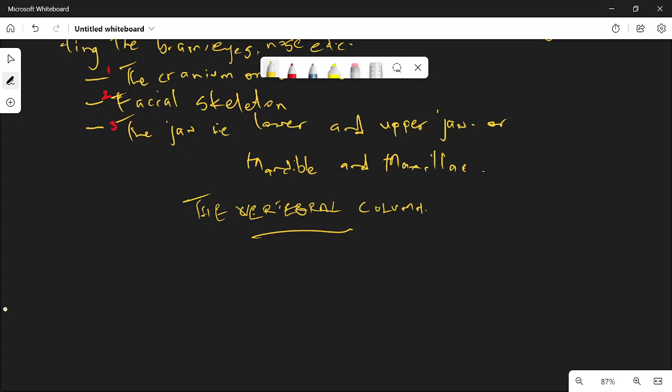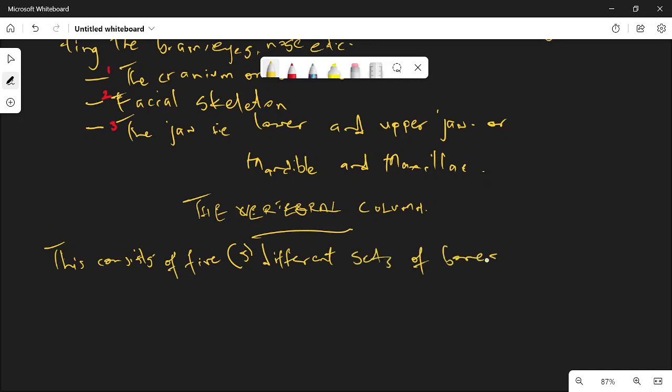So the vertebral column is made up of 5 different sets of bones.